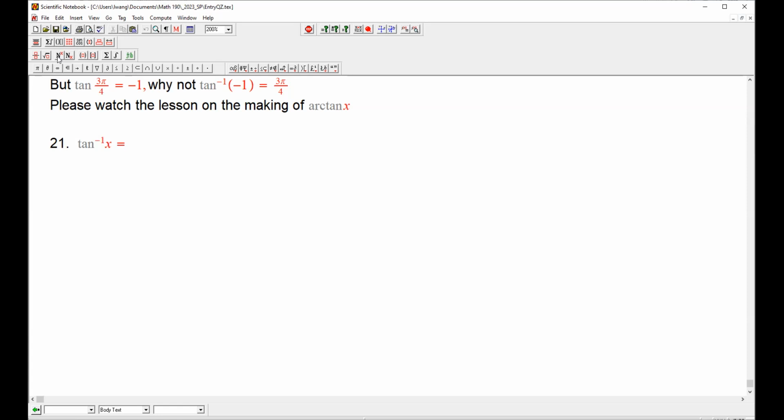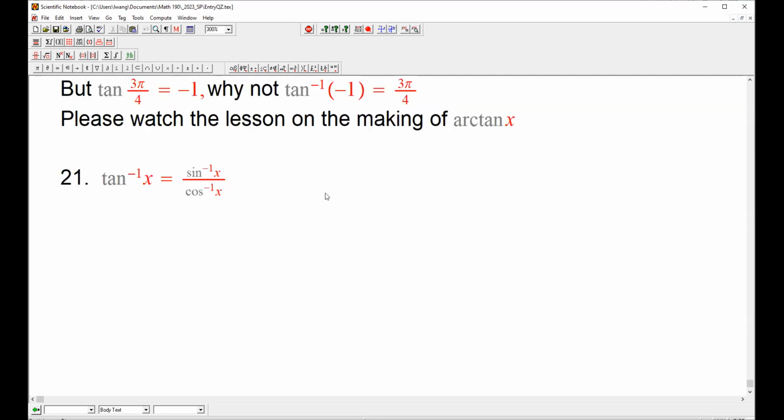Arctangent equals arcsine over arccosine. Okay, so maybe let me make the fonts larger.